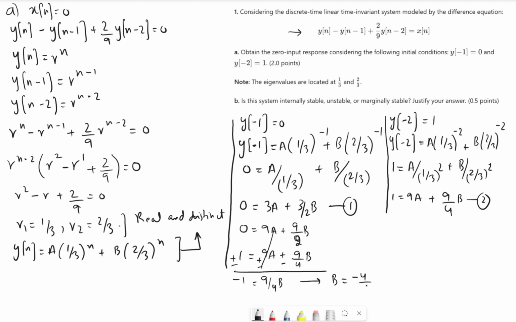So b is equal to minus 4 by 9. Now once I get the value of b, I can obtain the value of a by putting it here.